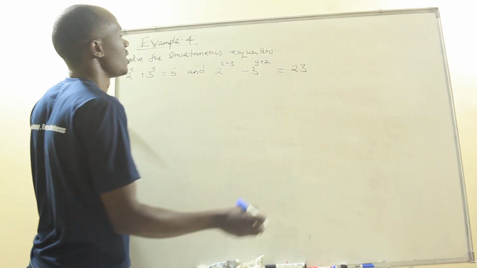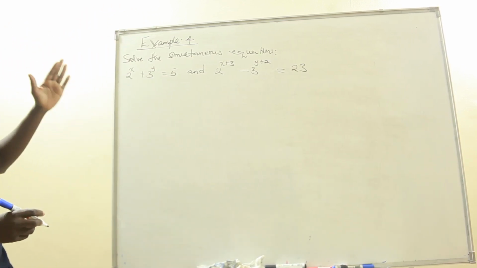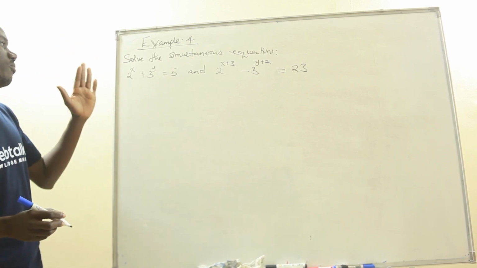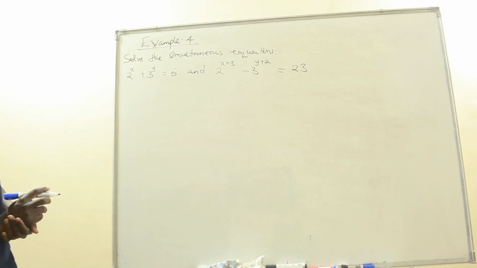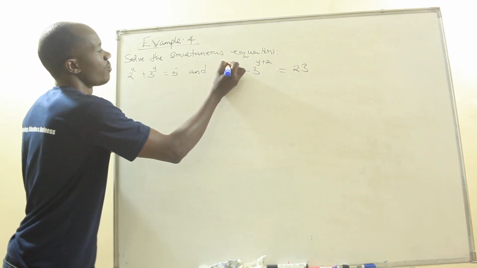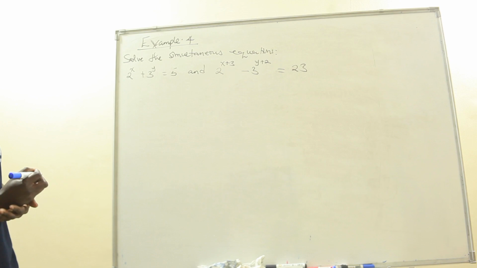Our question goes, solve the simultaneous equations: 2 power x plus 3 power y equals 5, and 2 power x plus 3 minus 3 power y plus 2 equals 23.